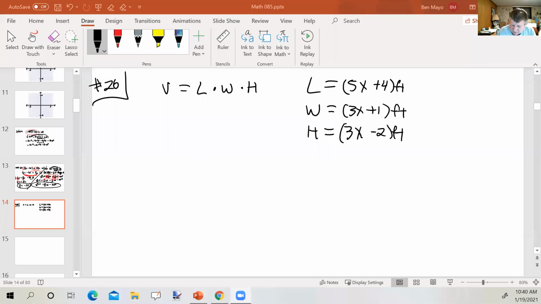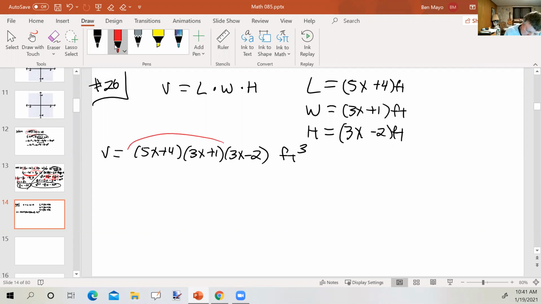Now, I said volume was length times width times height. So the volume is going to be 5x plus 4 times 3x plus 1 times 3x minus 2. And then we'd have feet times feet times feet, so our final answer is going to be so many cubic feet. I'm going to multiply the first two together.